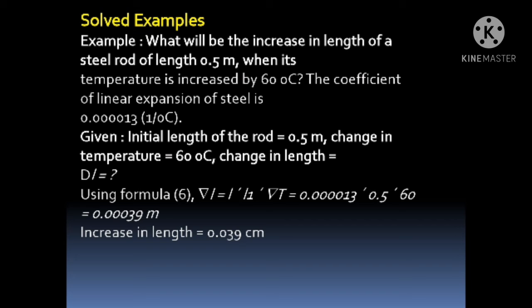After multiplying all three terms, we get the answer as 0.039 centimeter. And this was the answer. What was the answer for? It was for L2 minus L1. And what is L2 minus L1? It is the increase in length.